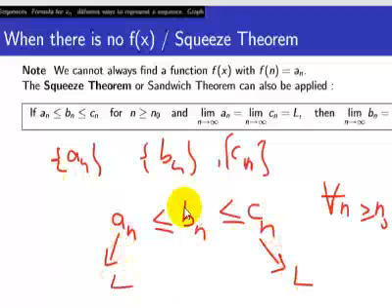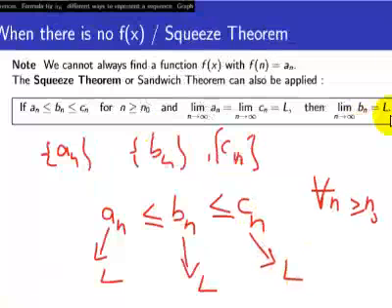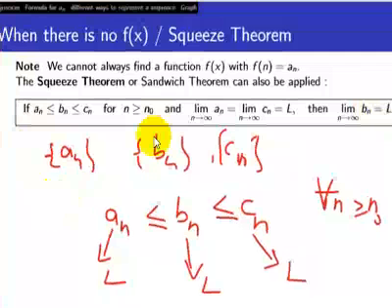The intermediate sequence, this one b sub n, also approaches L as n tends to infinity, because this is squeezing. This one is easy. Not going to prove this because this is an applied course, right?